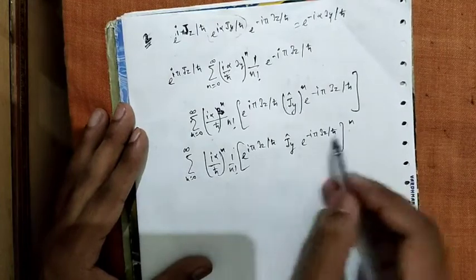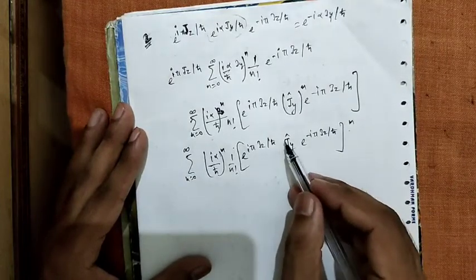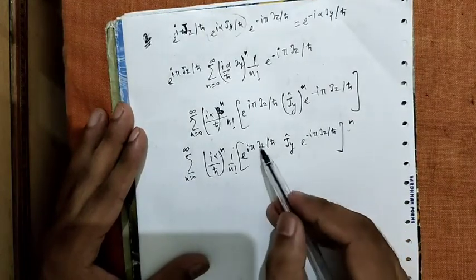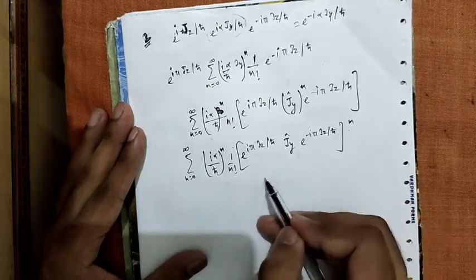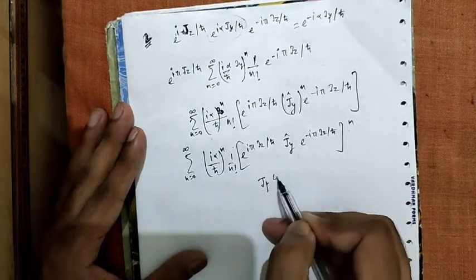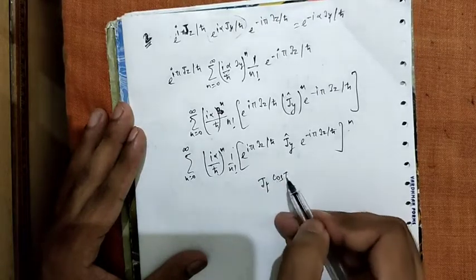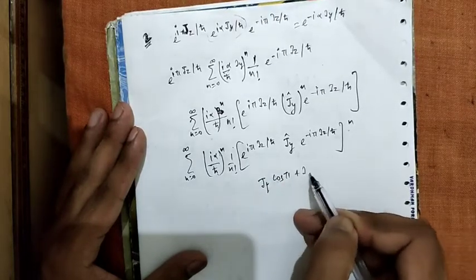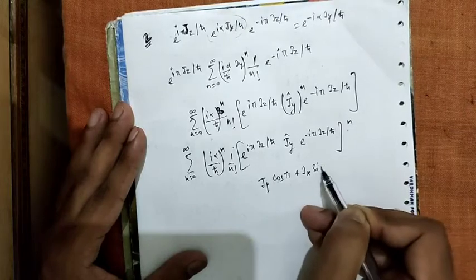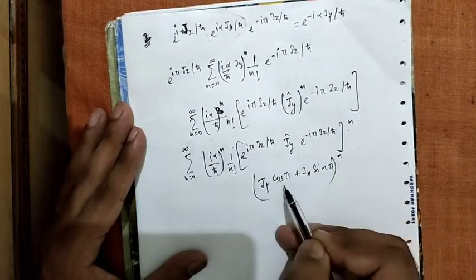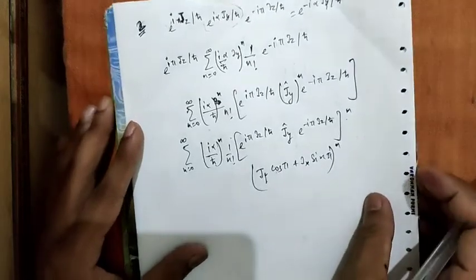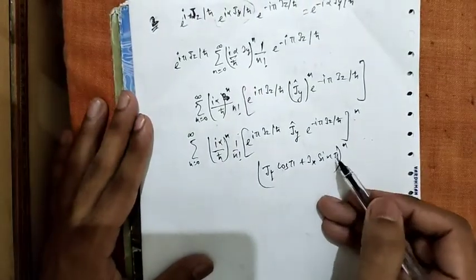This is written as Jy cos pi plus Jx sin pi, to the power n. Now cos 180 is minus 1 and sin 180 is 0.